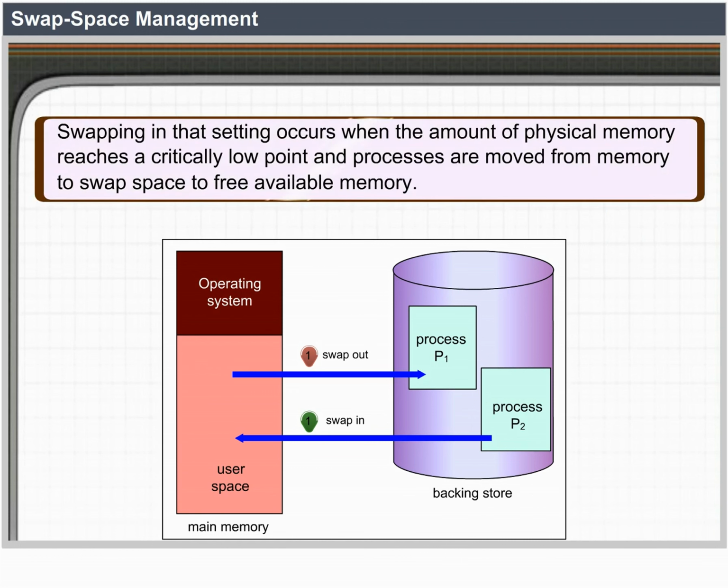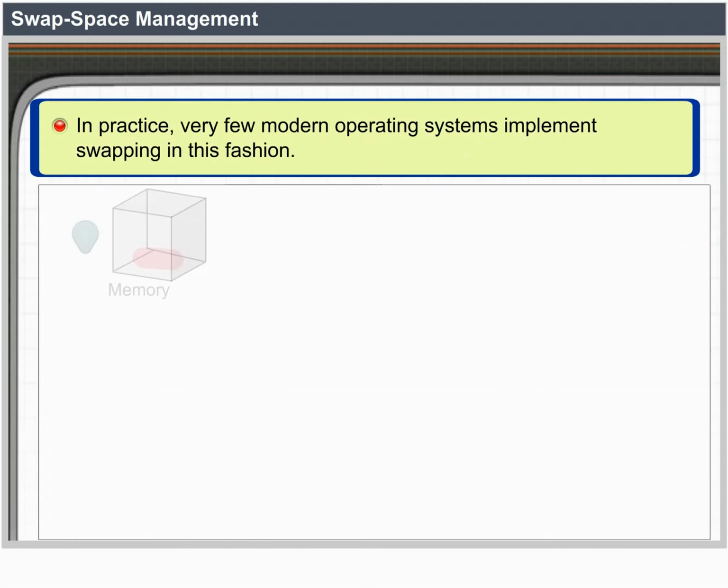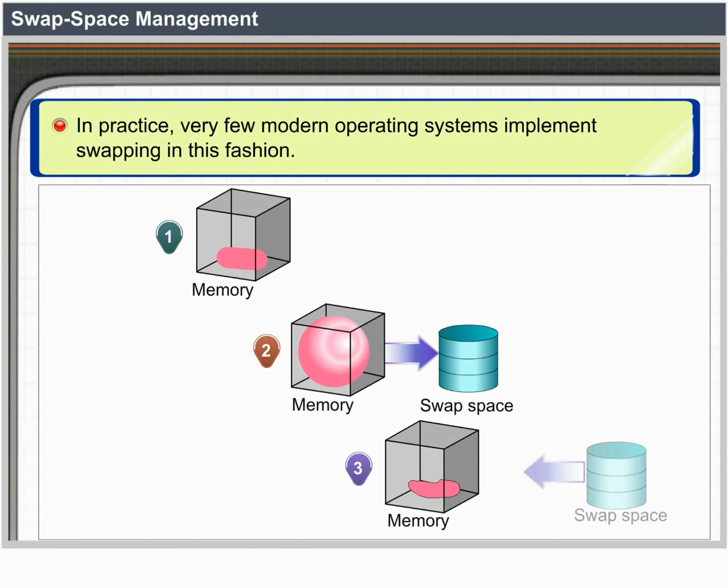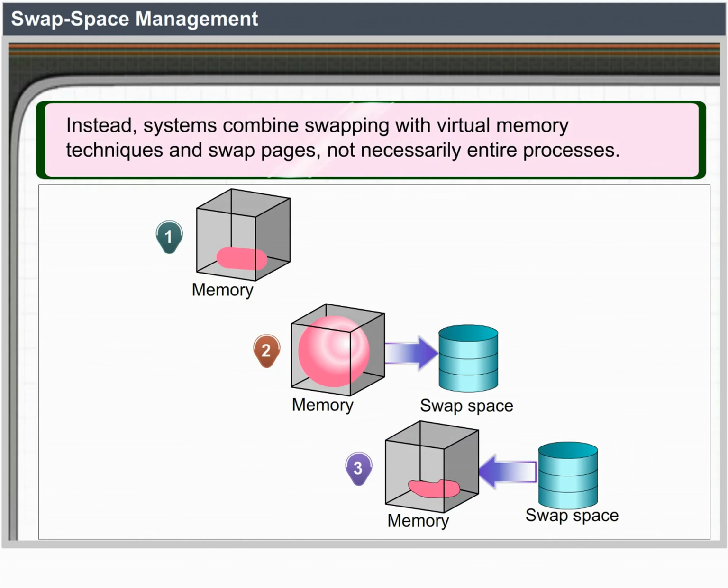In practice, very few modern operating systems implement swapping in this fashion. Rather, systems now combine swapping with virtual memory techniques and swap pages, not necessarily entire processes. In fact, some systems now use the terms swapping and paging interchangeably, reflecting the merging of these two concepts.